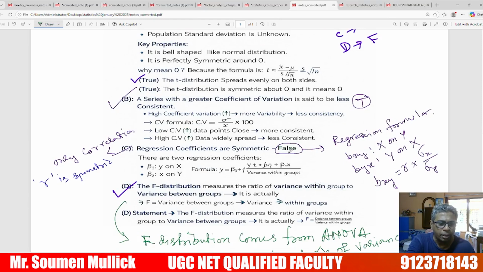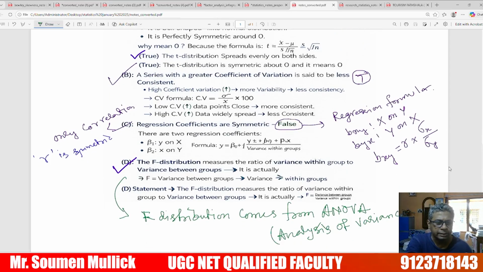Regression coefficients are symmetric. This is wrong. Regression coefficients are not symmetric because of the regression formula: bxy, x on y, or byx, y on x. bxy is equal to r into sigma x by sigma y. Next statement: the F distribution measures the ratio of variance within group to variance between group.